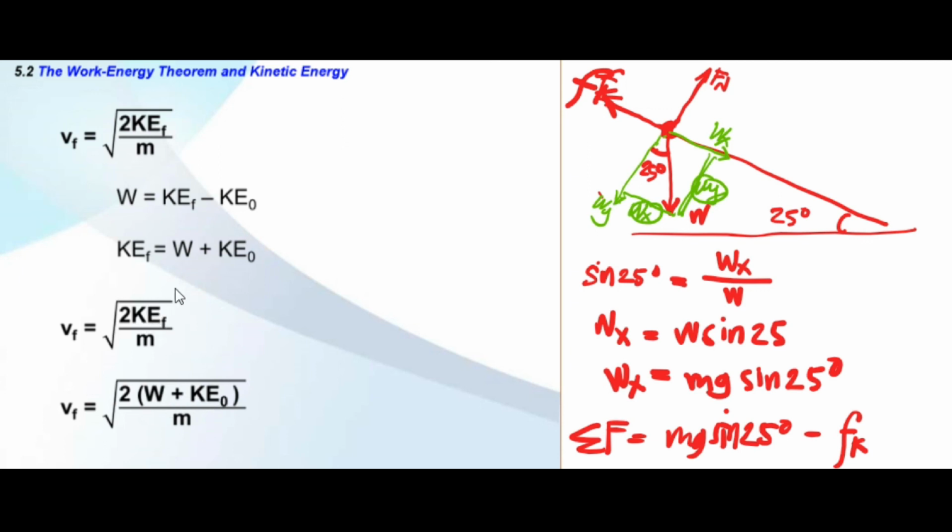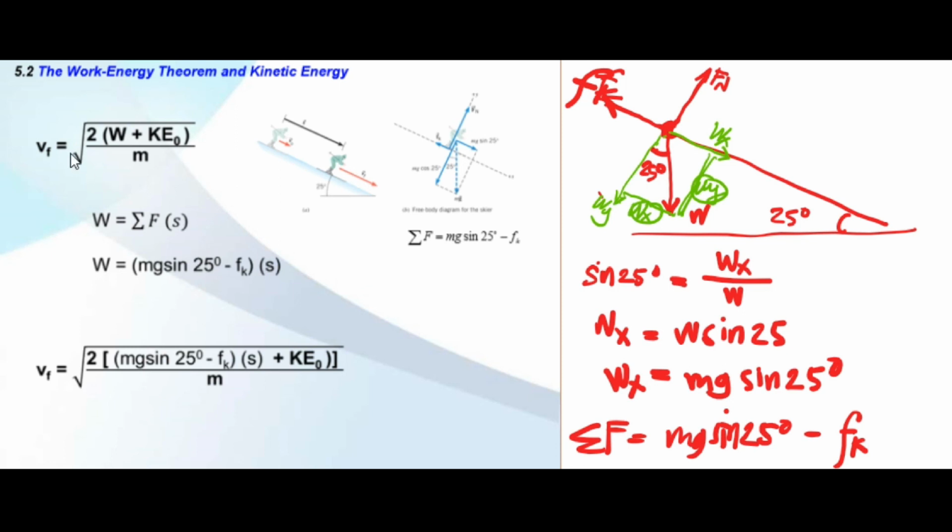Work is the summation of force times displacement, and the summation of force from our free body diagram is mg sine 25 degrees minus the kinetic friction.